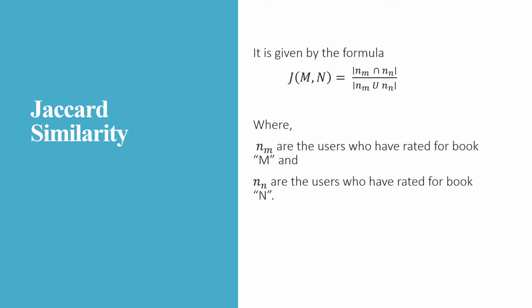Therefore, Jaccard similarity is given by the formula Nm intersect Nn upon Nm union Nn, where Nm are the users who have rated book M and Nn are the users who have rated book N.